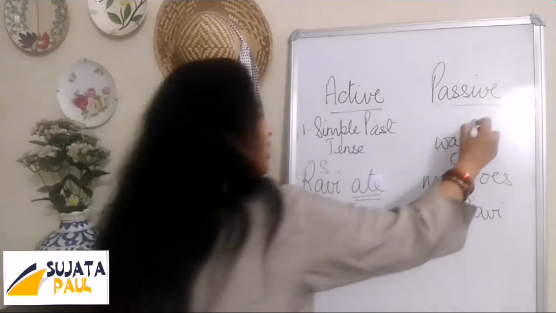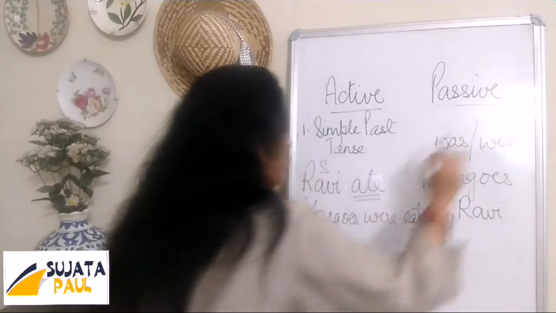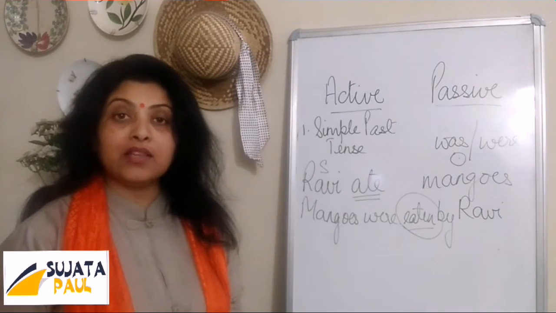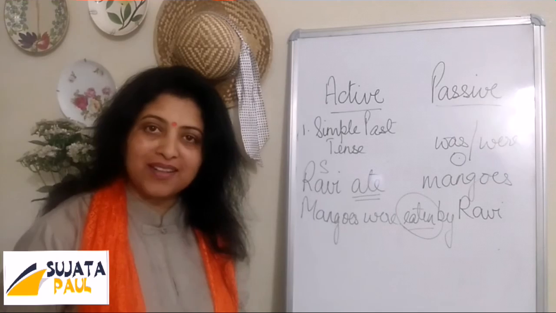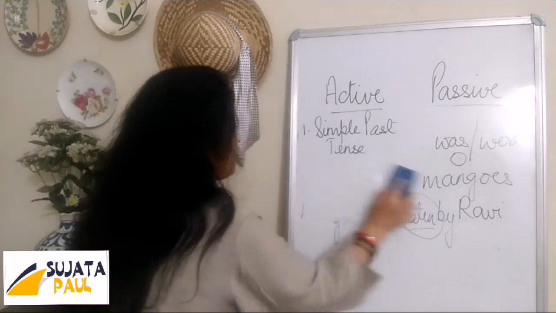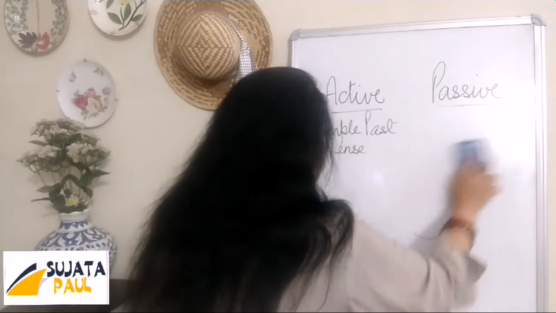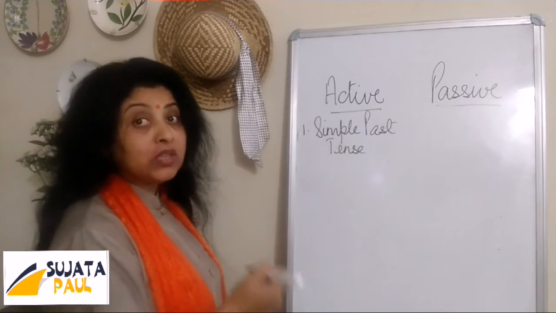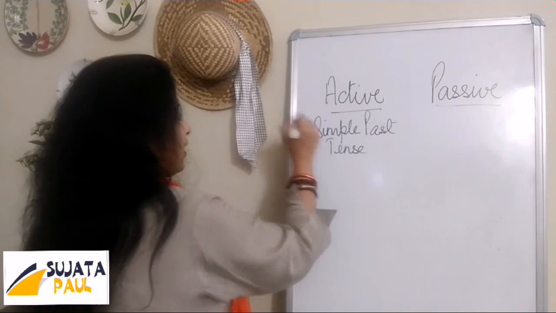So this means that I will have was or were, and in addition to that, I will have the past participle. So if I have to write this, what will I write? This is what I need to note down. Please note this down.